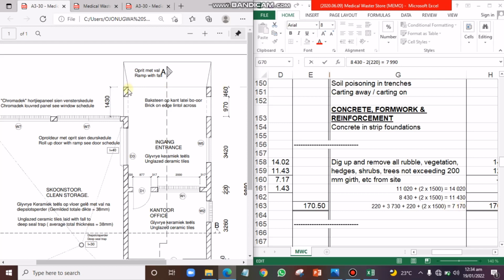I know somebody is asking, why are we not adding this working space at this place where we have 1,430? Just bear in mind that since we've already added it to the length of 8,430, there is no need of adding it here again. If I go further in my explanation, I may likely take up too much of our time.